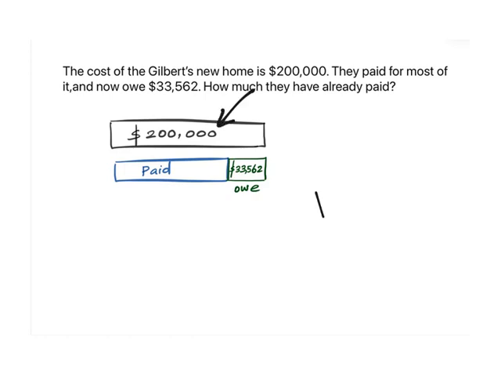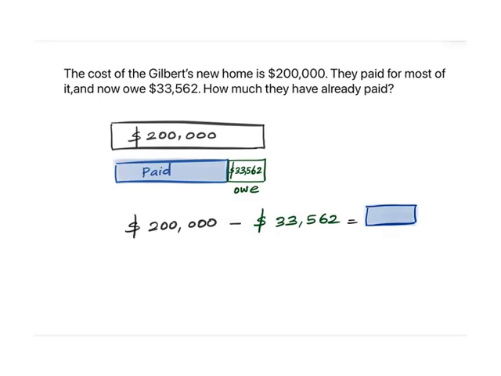So $200,000, this is the amount of Gilberts' home, and this is what we are going to find now, how much has been paid. We know the total and also we know a part of the total.